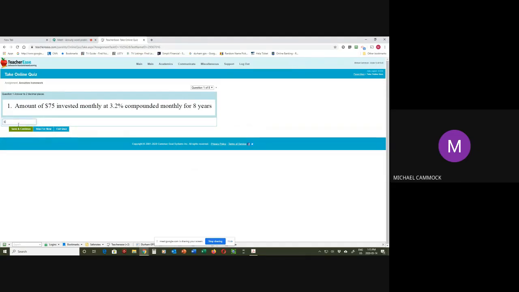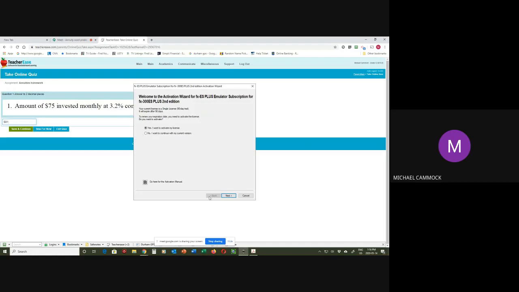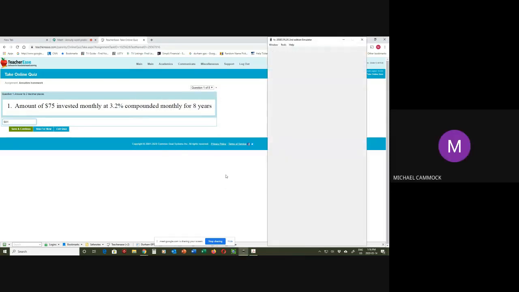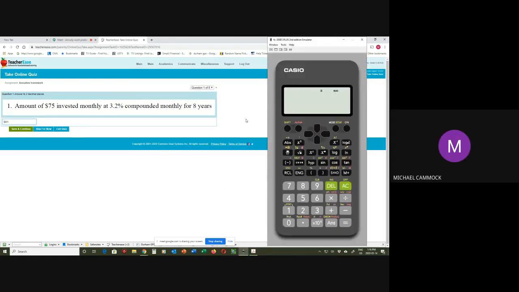Put the dollar sign in. 81 something. What was it again? Anybody help me out with that, please? I forget what the answer was. I'll bring the calculator back up. Does anybody remember the answer? No? I'll erase the calculator and put it in again. That might actually be good for me to remember.